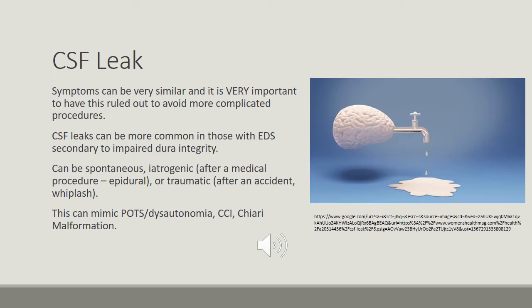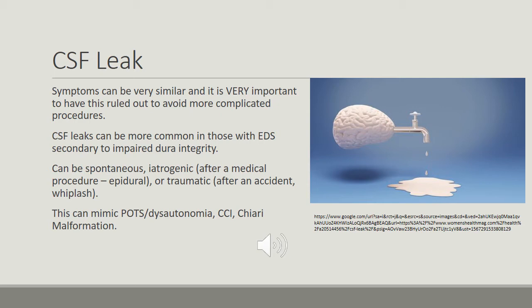Remember that connective tissue doesn't just stop in these big orthopedic joints, it's all over. These can be spontaneous, iatrogenic after a medical procedure, something like an epidural injection, or traumatic after an accident or whiplash. And this can mimic POTS and dysautonomic symptoms, CCI, and Chiari malformation as well.